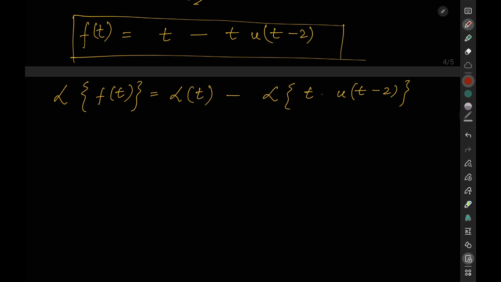Now we know that the Laplace transform of the function f(t minus a) into u(t minus a) is equal to e to the power minus as into F(s).